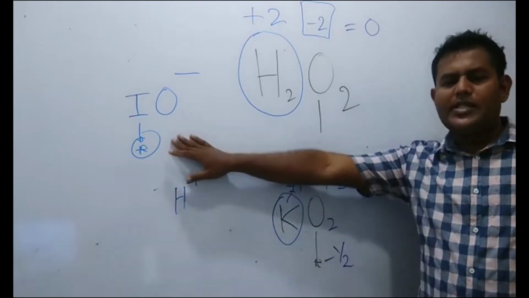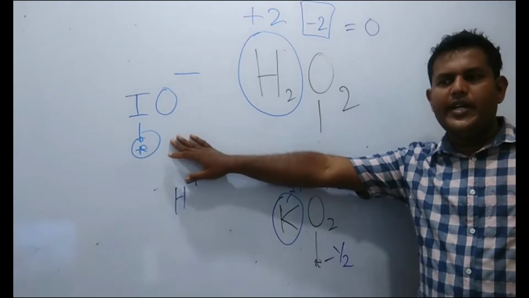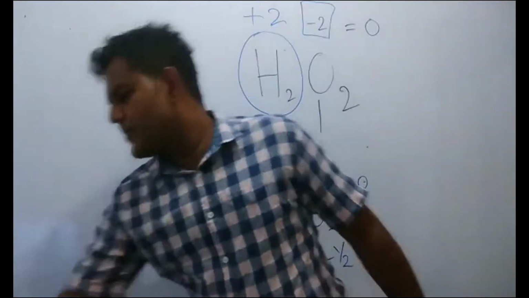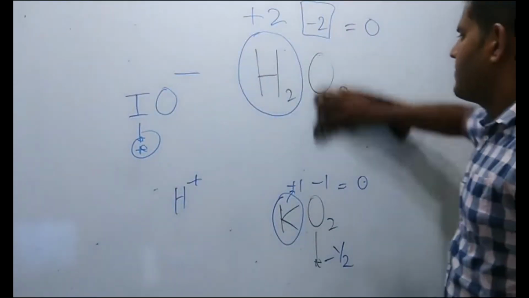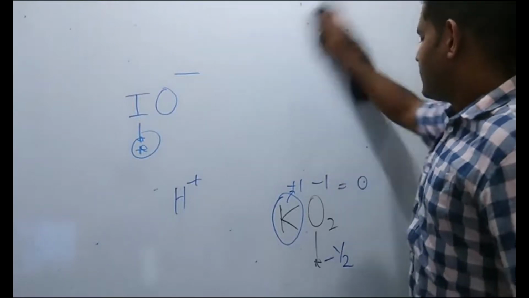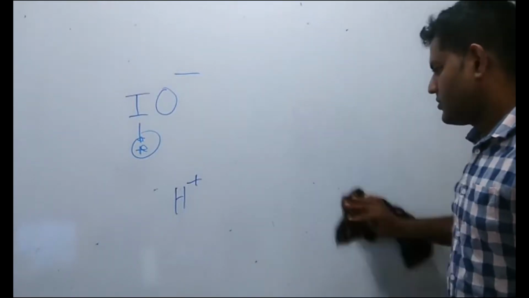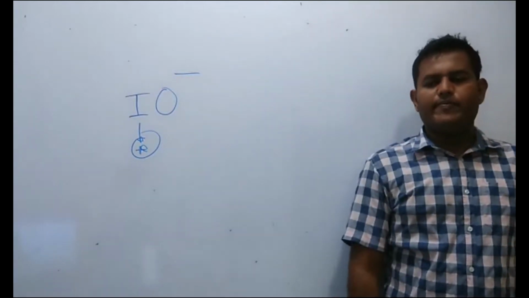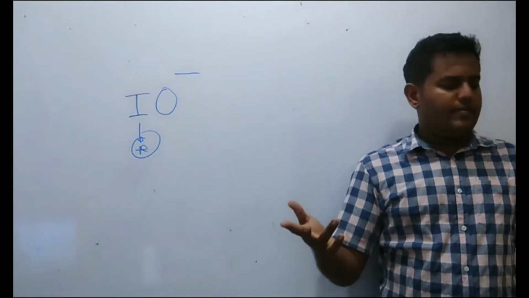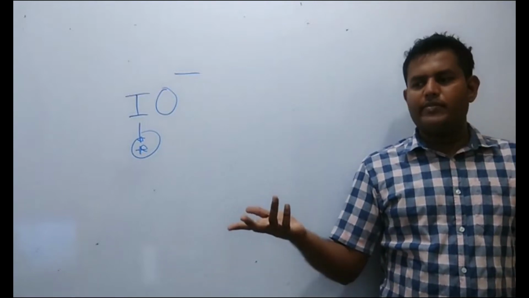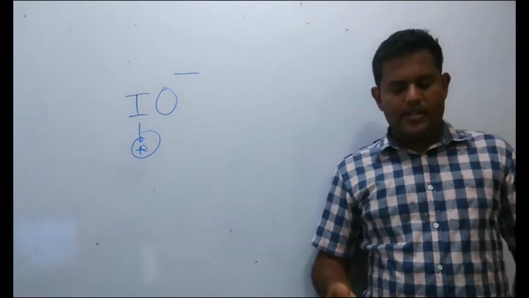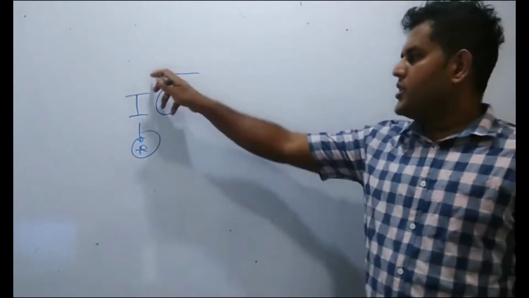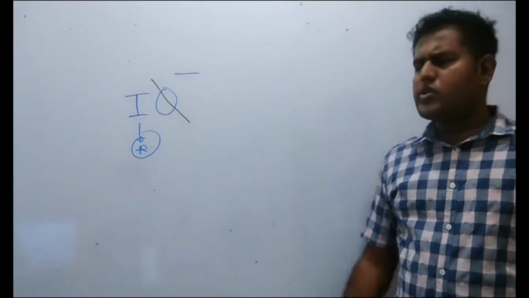Is it plus one or minus one? This is plus one. So how to use the mind method? The neighboring atom is oxygen, whose most common oxidation state is minus two.